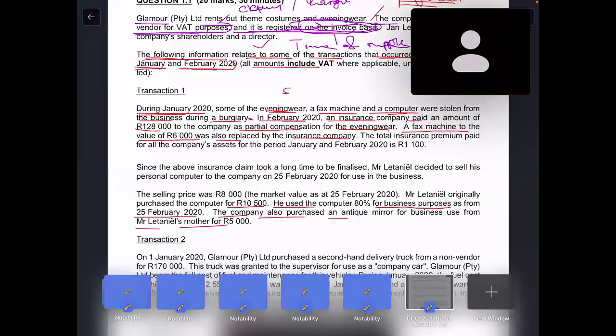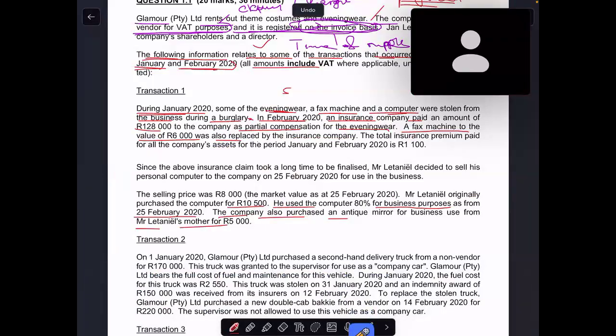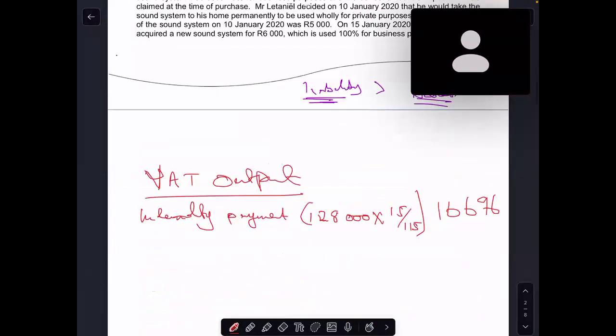Fax machine replaced. No. Right, the reason? There is no VAT on replacement of an asset.